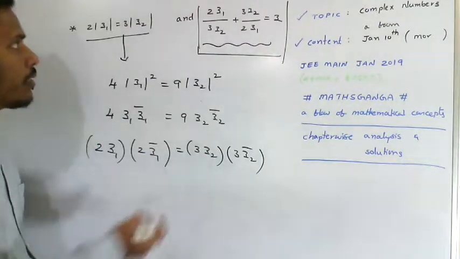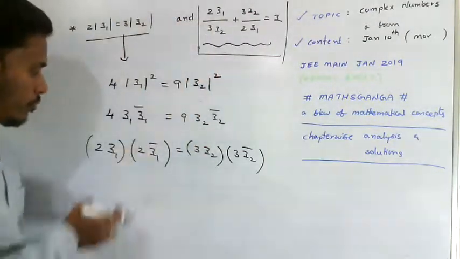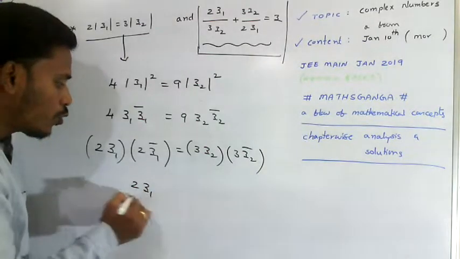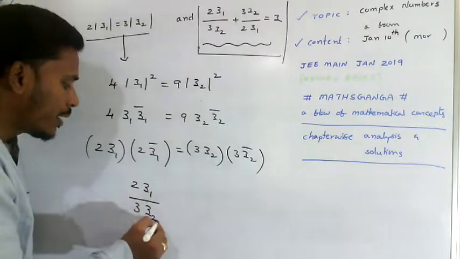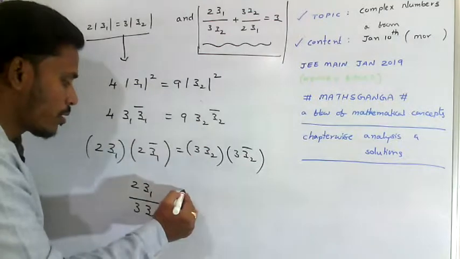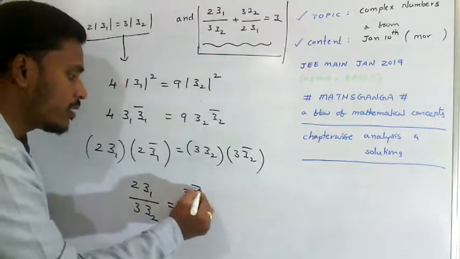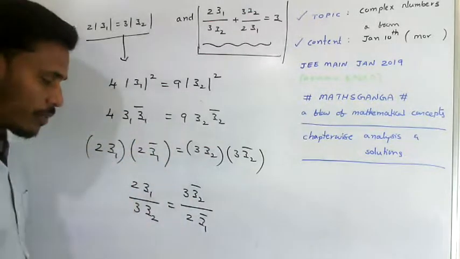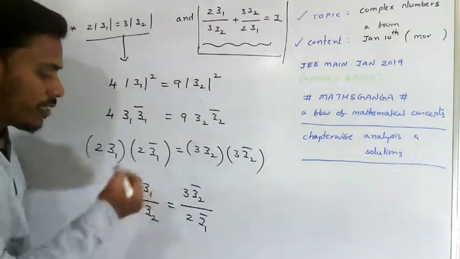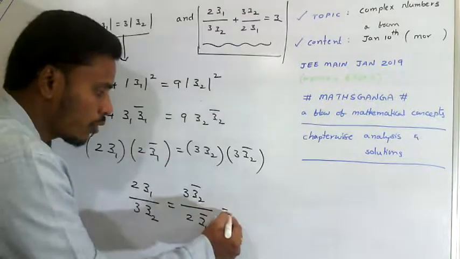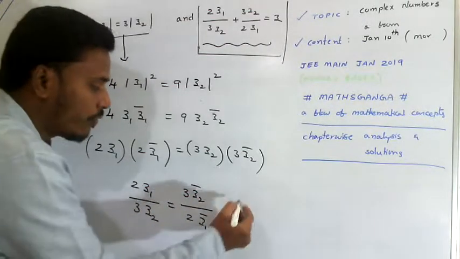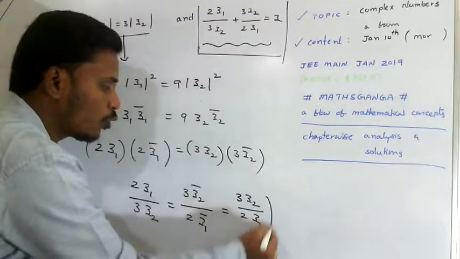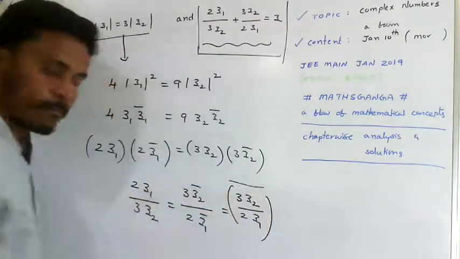Now, since it is 2z1 by 3z2, that is 2z1 divided by 3z2, on this side, by rearranging this, 2z1 by 3z2 is equal to 3z2 bar by 2z1 bar.